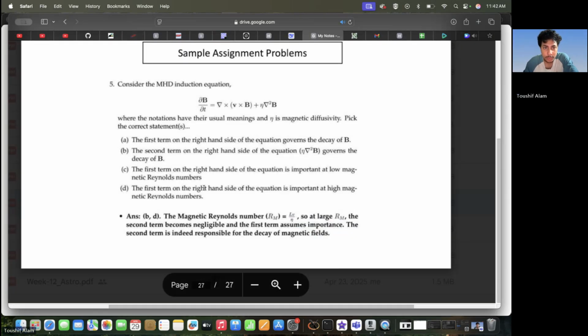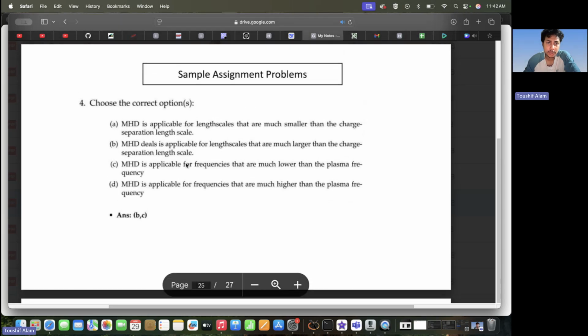Option B: the second term on the right hand side of the equation, with eta, governs the decay of B. The first term on the right hand side of the equation is important at high magnetic Reynolds number. So B and D are correct in that aspect.